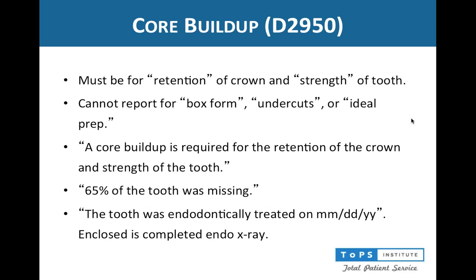We're going to use the 2949 instead, if it's only to change the box form or take away the undercuts or make that ideal prep. So the 2950 is if 65% or more of the tooth was missing and/or the tooth was endodontically treated and we wanted to use it with the core and the buildup. Make sure to submit an x-ray with that as well, post and pre.